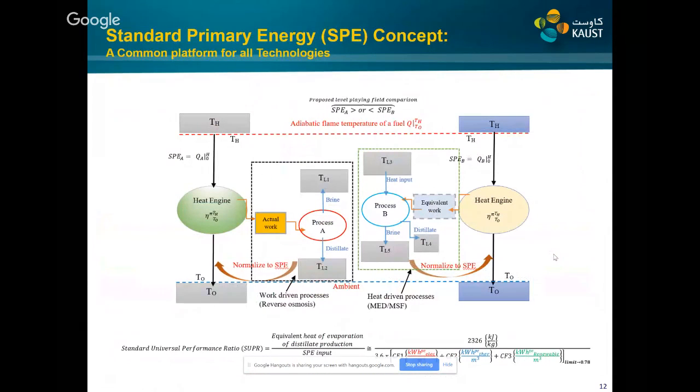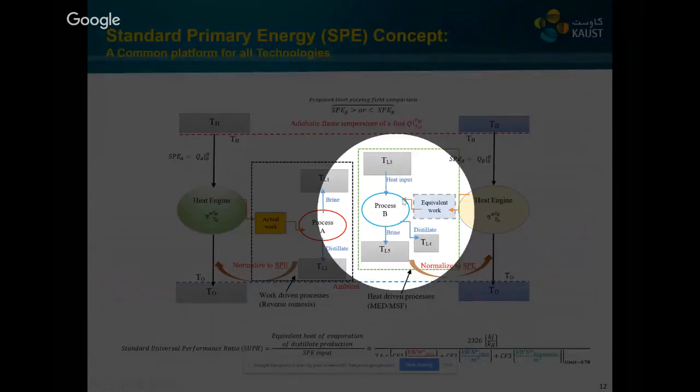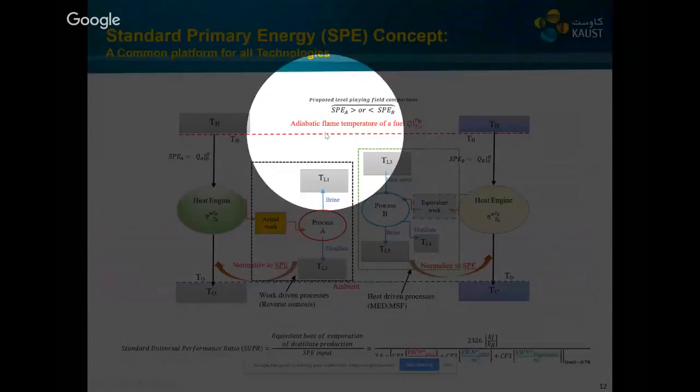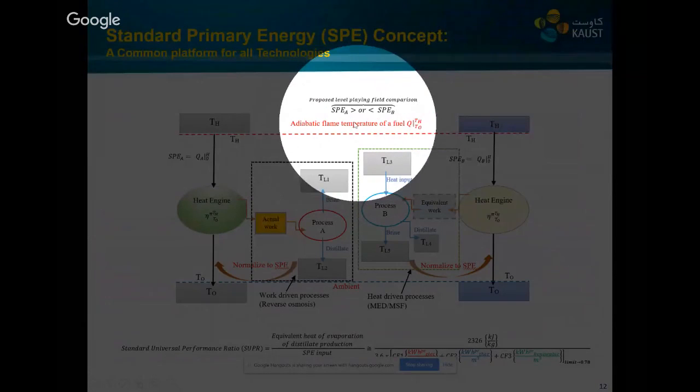So we developed the standard primary energy concept, and in this concept, we proposed that all the energies are produced at adiabatic flame temperature, at the combustion chamber temperature.